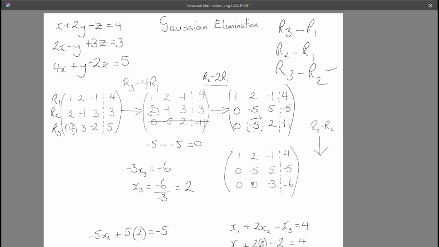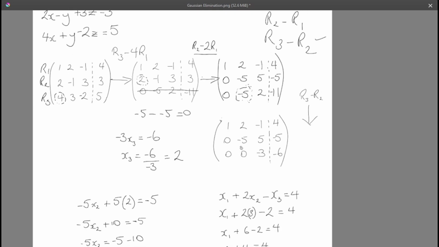We get the 0, and we're not using R1 here, so let's just block it off for now. Then 2 minus 5 will be minus 3, and minus 11 minus minus 5 will be minus 11 plus 5, which will be minus 6.